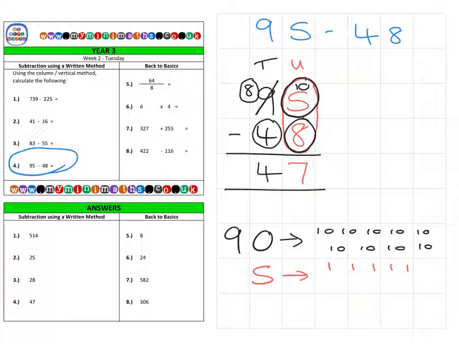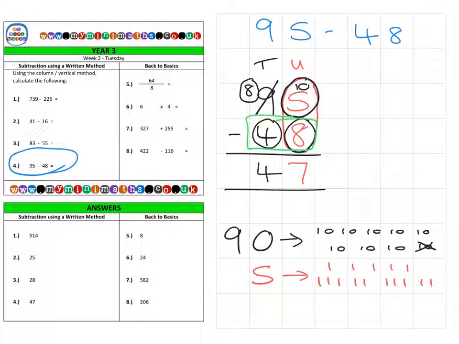And we're going to subtract the 48. So first of all, we're going to subtract 8 ones away from the 5, which we can't. We haven't got enough. So what we need to do is we need to borrow one of these tens and bring this 10 down here. 1, 2, 3, 4, 5, 6, 7, 8, 9, 10. And that goes into the ones, or the units column.